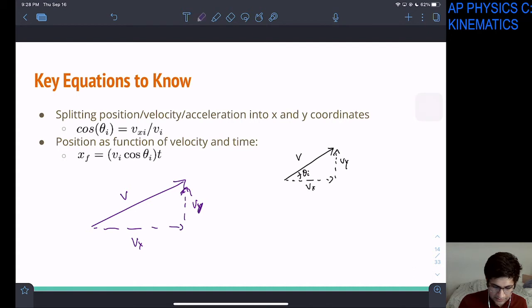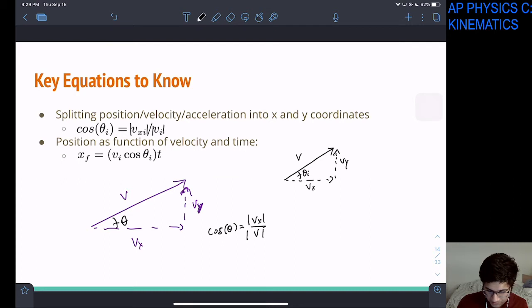And this should still all be review. And then this is the theta here, which is kind of like the angle at which we would throw something. And the cosine of theta is equal to what? It's equal to adjacent divided by hypotenuse, right? Which is Vx divided by V magnitudes. So they should have magnitudes over them.